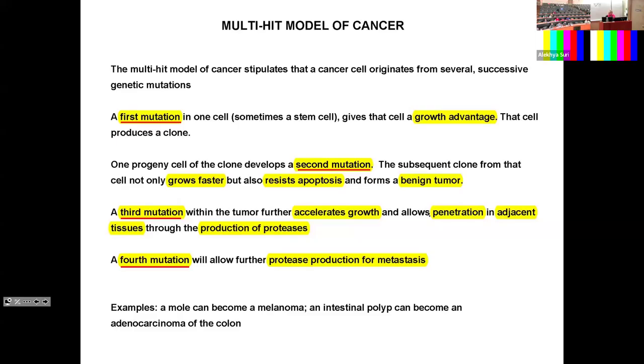If you have a first mutation in one cell, sometimes it could be a stem cell, but it could be a somatic cell, it gives some cell growth advantage, right? So that cell produces a clone. We saw the clone in the slide. That progeny develops a second mutation. So that clone grows faster, resists apoptosis, and becomes a benign tumor.